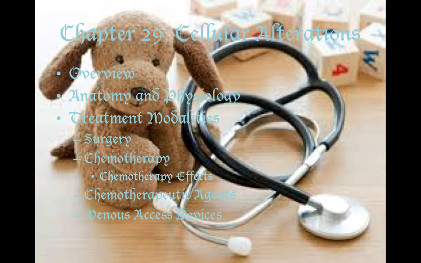If you have not already noticed, table 29-4 carries on for several pages. It starts on page 1027 in your textbooks and ends on page 1034. Like I said before, just briefly review those agents, the side effects, and how they can be given, and of course the nursing actions.